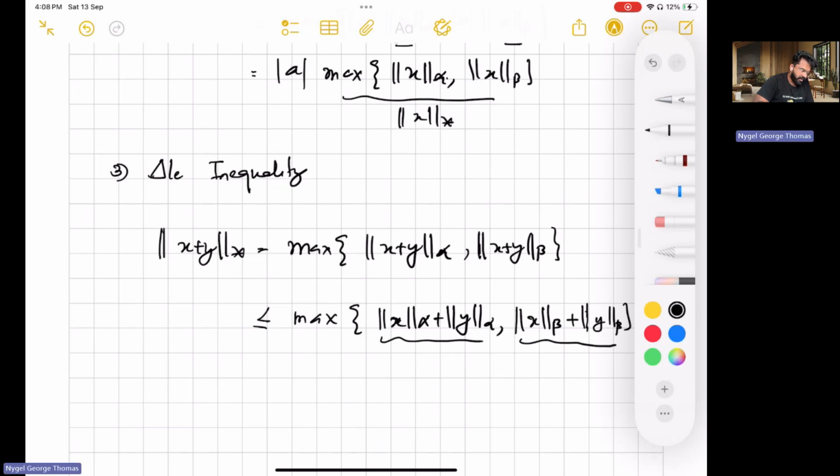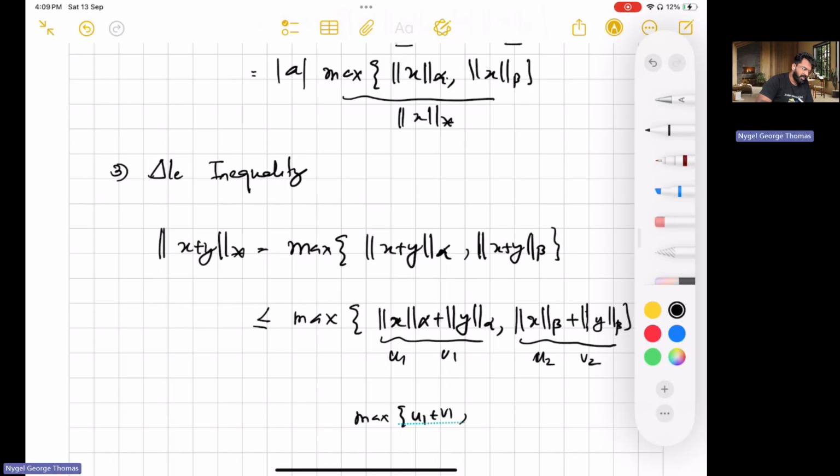Now what should we do? Let's take these as u1 and v1, and u2 and v2. This is something like the max of u1 plus v1, comma, u2 plus v2.